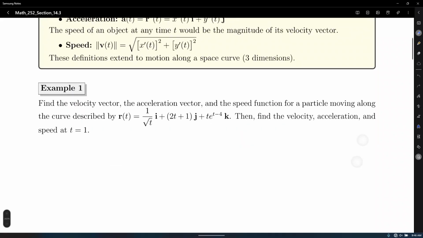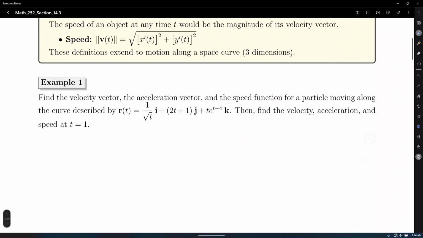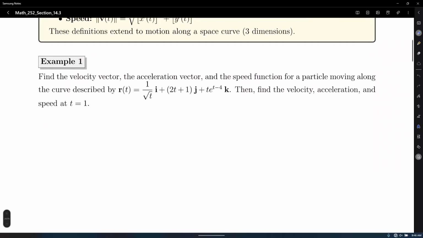Okay, so for example number 1, find the velocity vector, the acceleration vector, and the speed function. Notice it's not a vector, it's a function, for a particle moving along the curve described by r of t, given all this madness here. Because we're going to do a bunch of differentiation, notice how we're given radicals in the denominator.